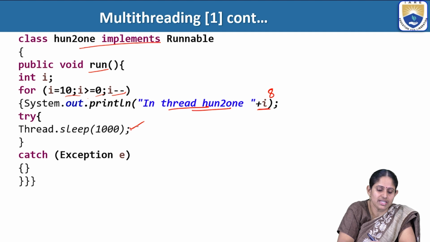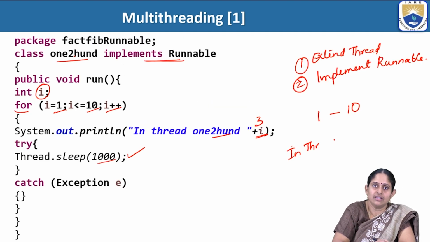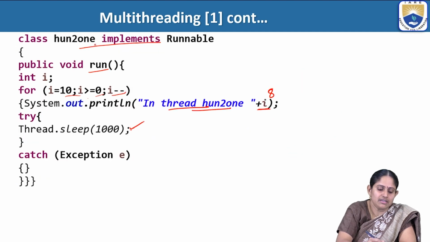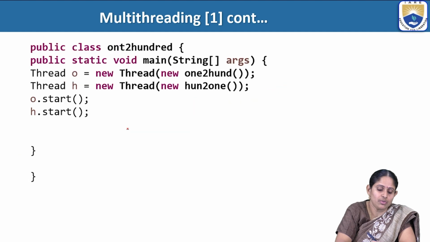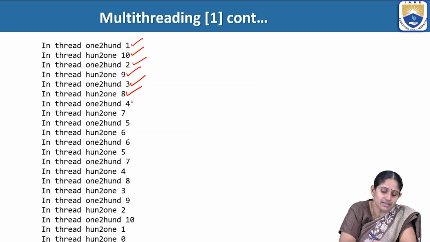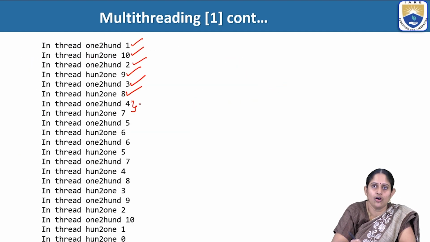When this goes to sleep, the first thread will start executing. The first thread will increase the value of i to 4 and display this, and it will go to sleep. When this goes to sleep, the second thread will start executing. The second thread will decrease the value of i to 7, and it will go to sleep. Because of that, we get these two lines in the output.